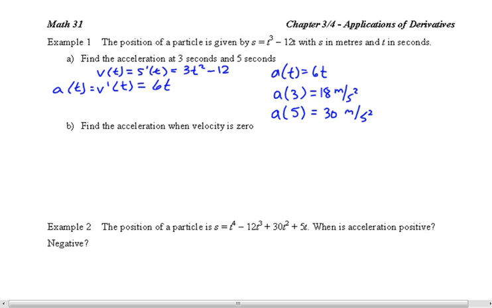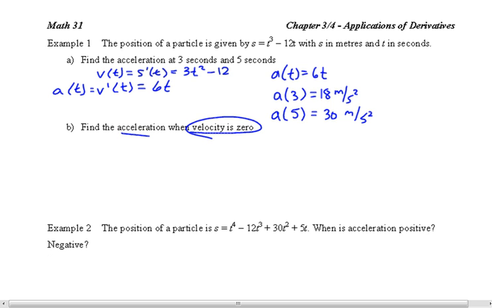Okay, find the acceleration when velocity is 0. So first we have to find out when the velocity is 0. So we have an equation for velocity. Velocity is 3t squared minus 12, and we want, when is our velocity 0? When we find that, we can figure out our acceleration.